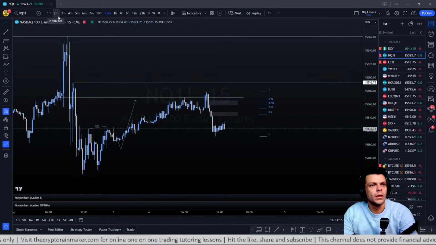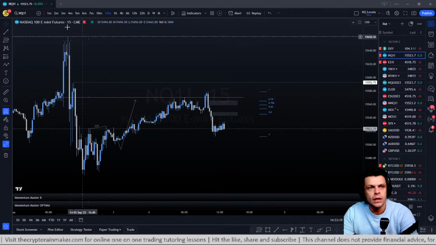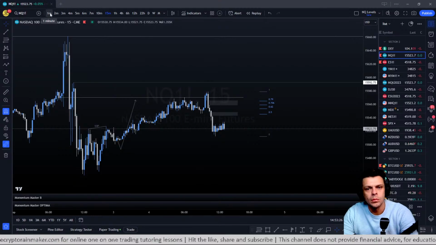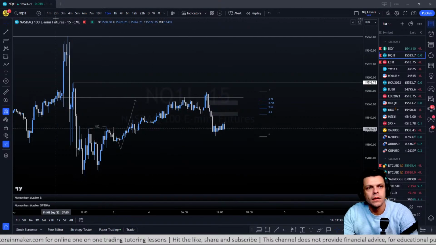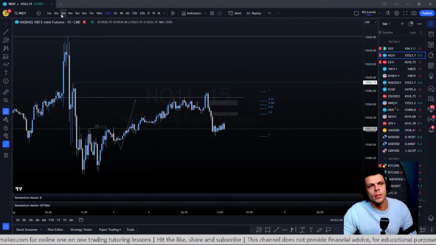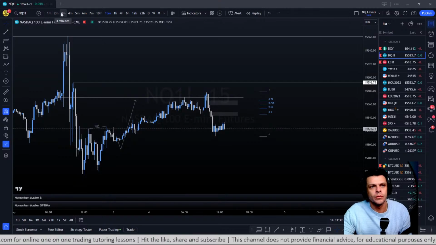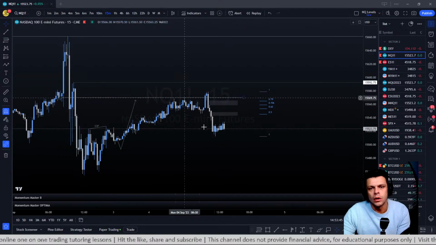For instance, the 5 minute, 3 minute, 2 minute, or 1 minute. So once we get into these areas, then on these lower time frames, I want to see a liquidity raid, market structure shift with displacement, and in that displacement leg we want to see a fair value gap. So ideally that fair value gap is going to form on one of these three time frames, the 1 minute, 2 minute, or 3 minute, and then you enter in that fair value gap with your stop.